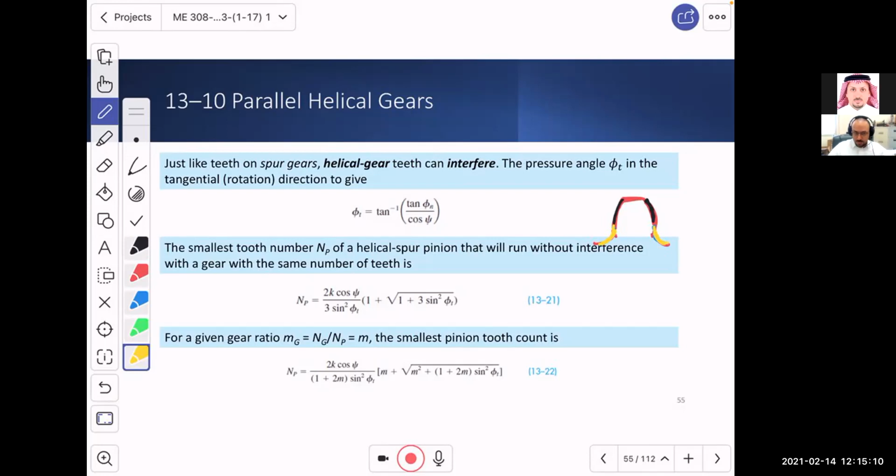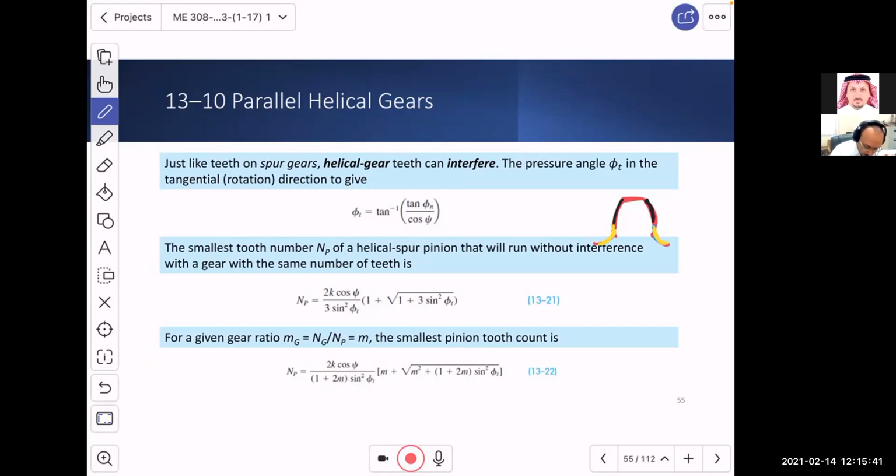So we said that avoiding this interference can be made in a simple way, by counting the number of teeth. So there is a minimum number of teeth. If you achieve it, you will be away from this interference. As simple as that.